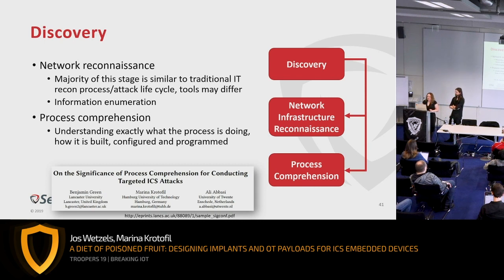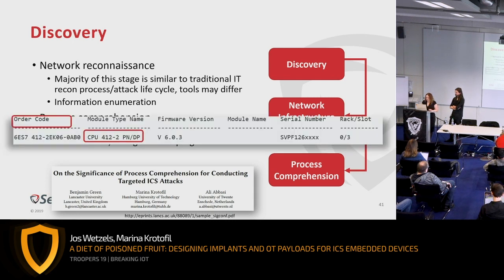So the next stage is discovery, and it consists of two parts. The one is more known and understood by you, basically network reconnaissance. You have to understand what assets you have, as in a typical attack lifecycle. Only that as soon as you reach the regulatory control level with controllers, you need proprietary tools, because traditional IT tools will not help you discover controllers.